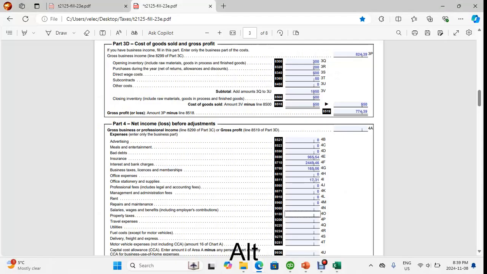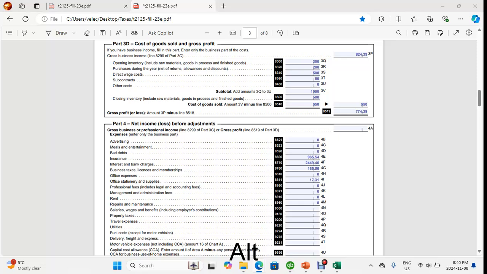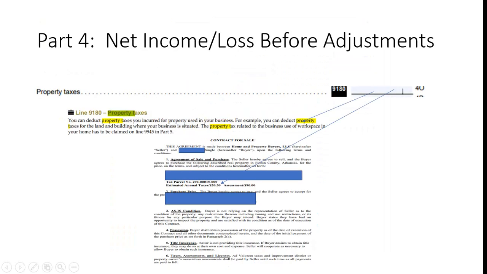Next is your property taxes. For property taxes, you'll declare them under line 9180, the property taxes you incurred for property used in your business. You can deduct property taxes for the land and building where your business is located. Those taxes will usually show up on your contract for sale.